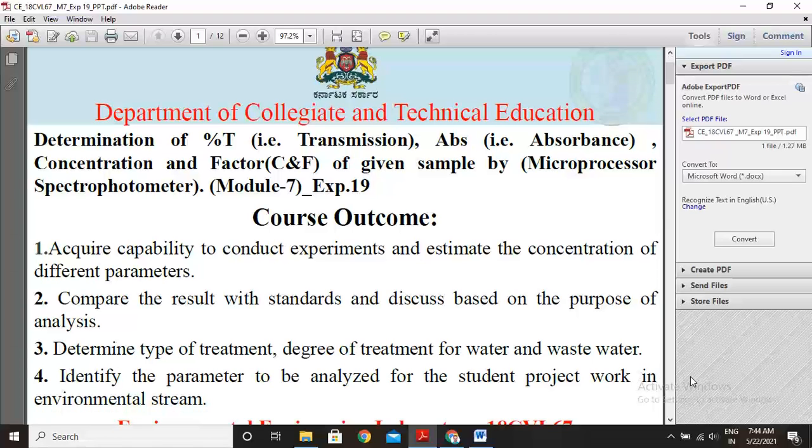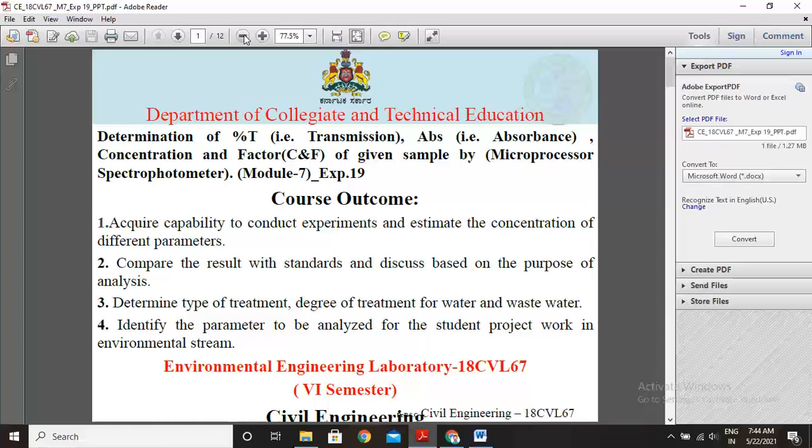Now these course outcomes are obtained based on this title of experiment. Four course outcomes are prepared here. First course outcome is acquire capability to conduct experiments and estimate the concentration of different parameters.